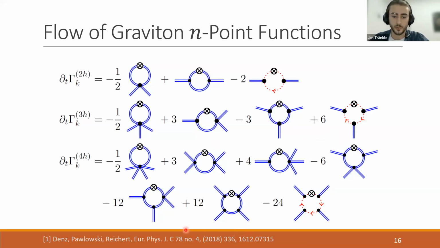This has been set up already in this paper down here, in 2016 or published in 2018. And in this work, we for the first time solve the flow of the 4-point function. So we integrate this set of diagrams here from the ultraviolet fixed point down to k equals 0 to obtain the physical momentum dependence of the 4-point function.